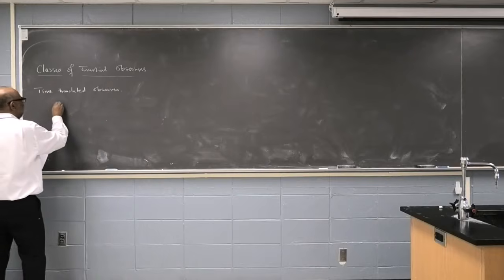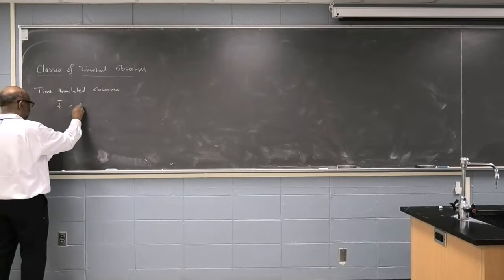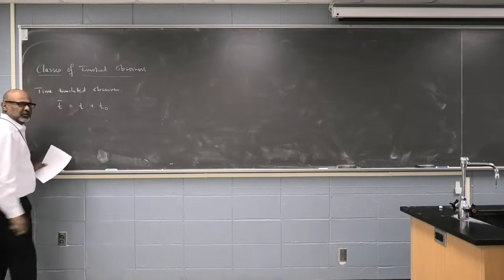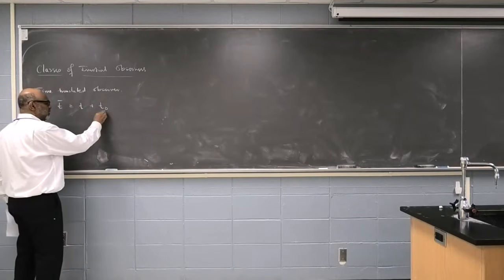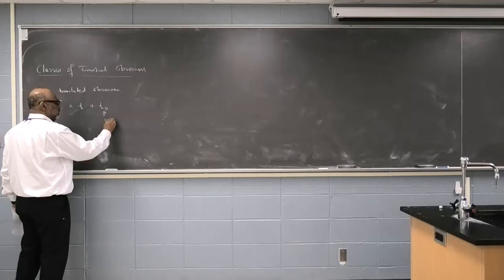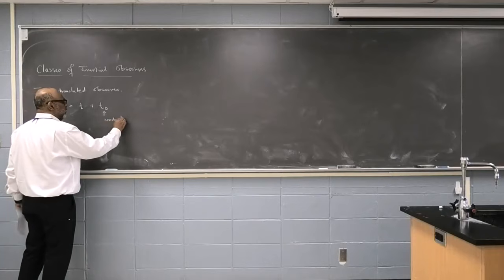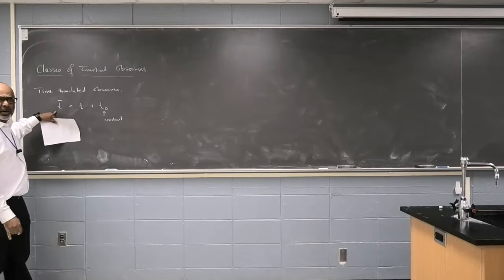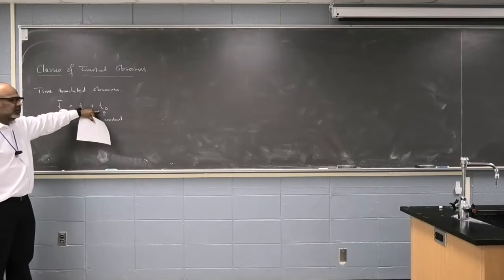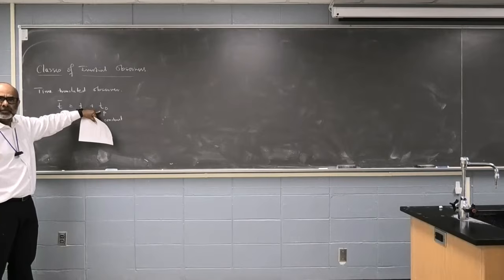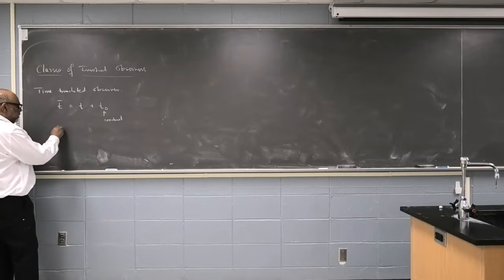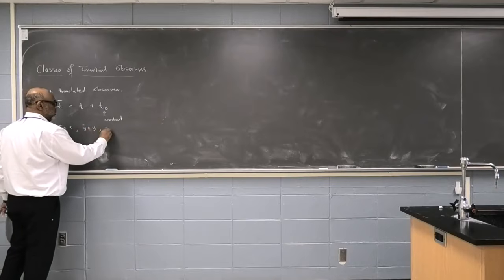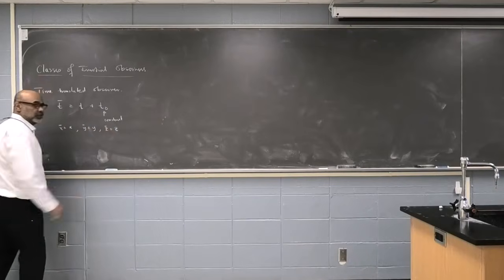This observer has t bar equals t plus some t0, some constant. Time has been translated. For example, if t is Eastern Standard Time and t bar is Central Standard Time, t0 is 1 hour. x bar equals x, y bar equals y, z bar equals z.